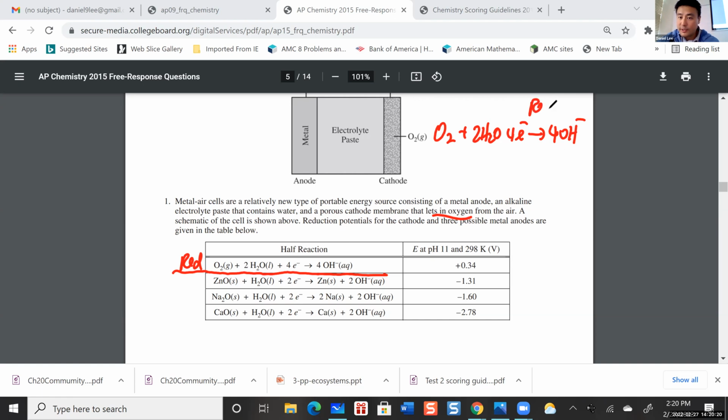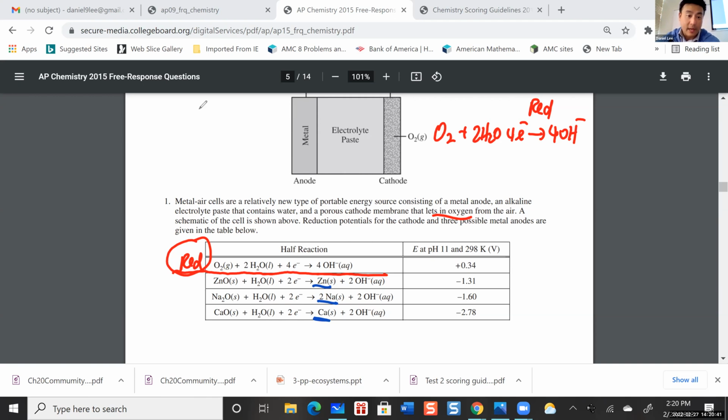So that is your reduction. Right here, you're told this equation. Do you have to come up with this one? No, you're given it right here on the table. And the three oxidations are implied to be one of those three. Either zinc is oxidized, so I gotta flip this, or sodium is oxidized, then I gotta flip the second one, and what about calcium, right? We don't know which one.